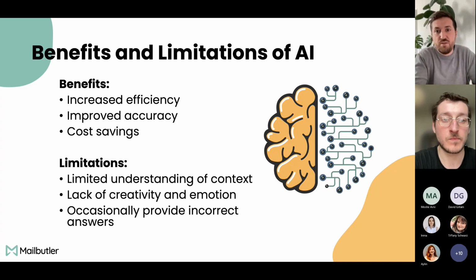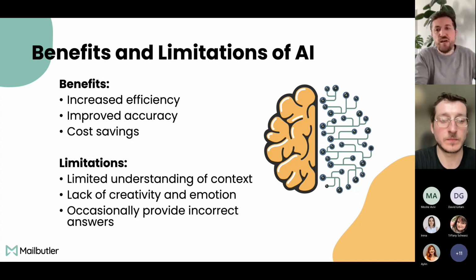But besides all these benefits, it's also important to mention that there are a few limitations for AI, at least at the moment. The first limitation is that AI can't understand all the nuances of human language and communication. So AI often fails to understand sarcasm or irony, for example.